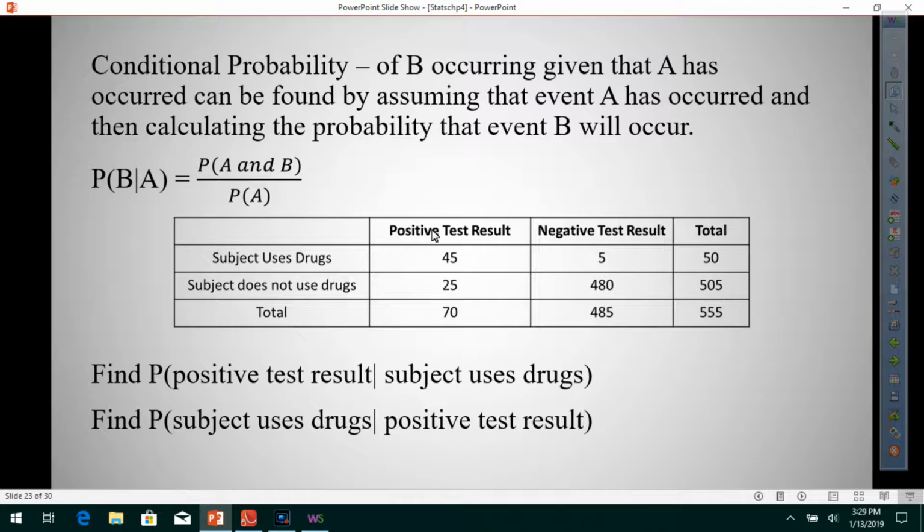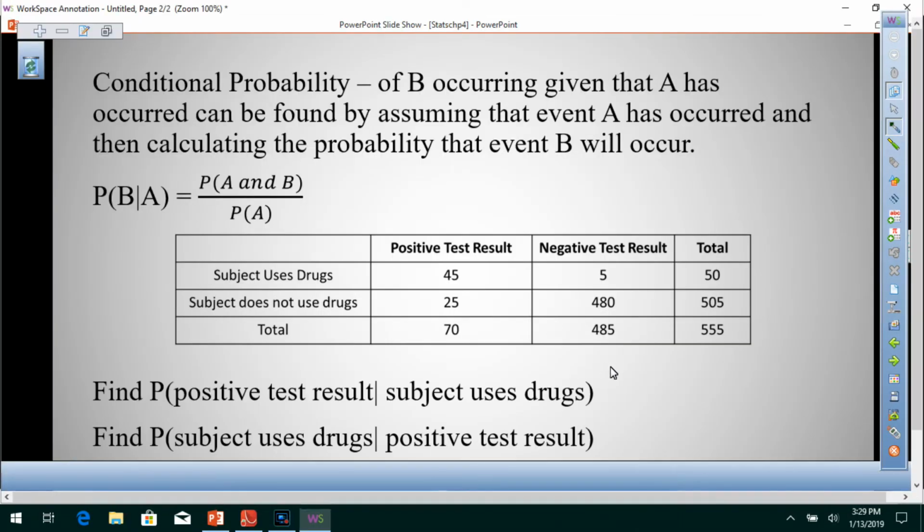All right, so let's see here. We've got this table and we want to find P, the probability of a positive test result given the subject uses drugs. Okay, a positive test result given that the subject uses drugs. Well, if we take the intuitive approach, what's the positive test result?